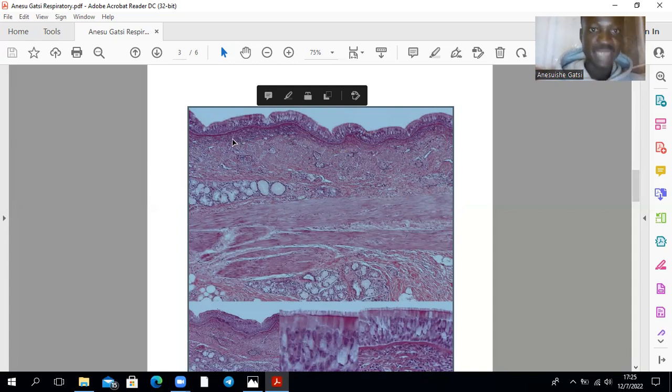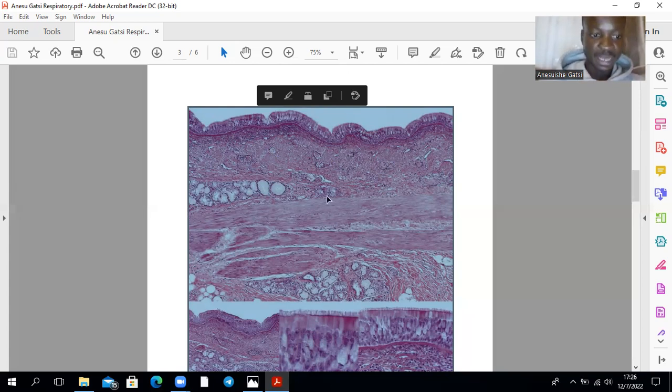then remember I described a thick basement membrane. This one in your trachea. Then this is smooth muscle. That's going to be smooth muscle there. Then if you look at this, that, and that, those are going to be your glands.